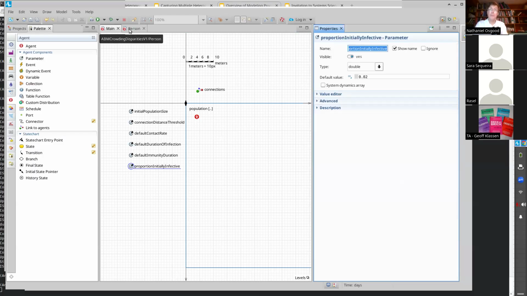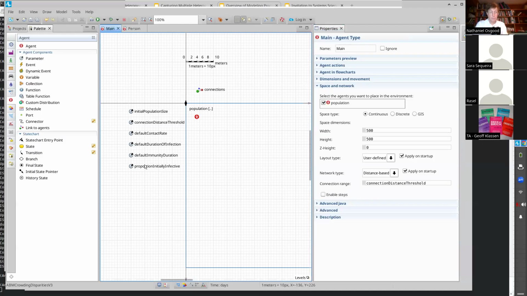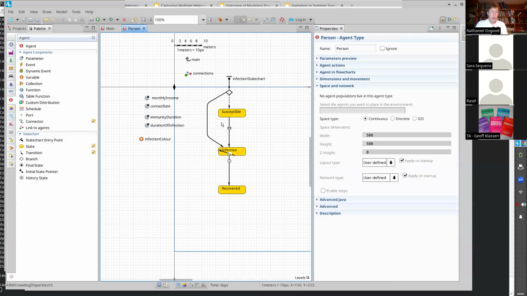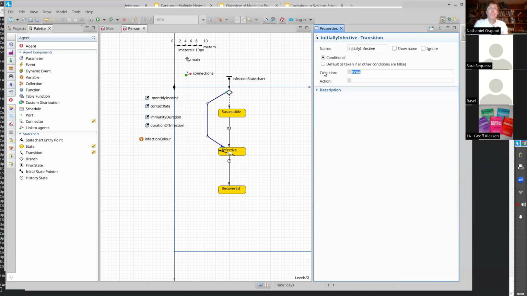And then in person, so what did I do? I added a parameter to main called proportion initially infective. And then in person, they will go to the infective state if they flip a coin and they're one of these 2% on average.